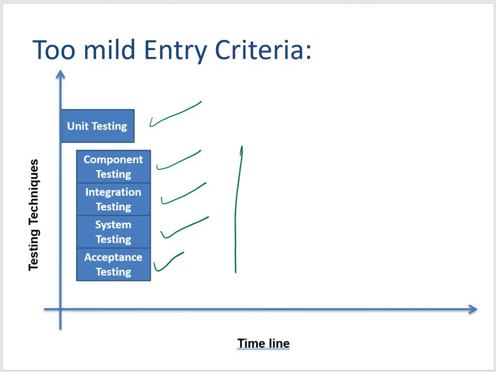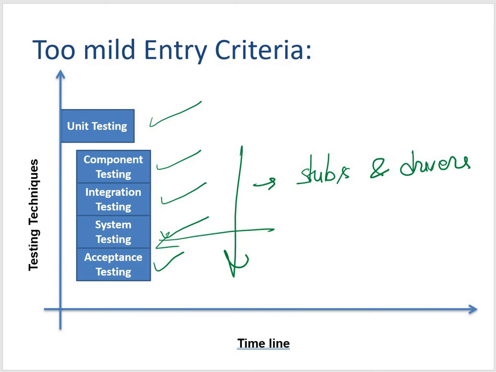This is too mild, right? We started with the unit, parallelly we went for component, along with that we went for integration, we went for system, we also went for acceptance testing, right? So what happens is that many times you have to rely on stubs and drivers. Recall the discussion on stubs and drivers, which play a very important role in your integration testing.